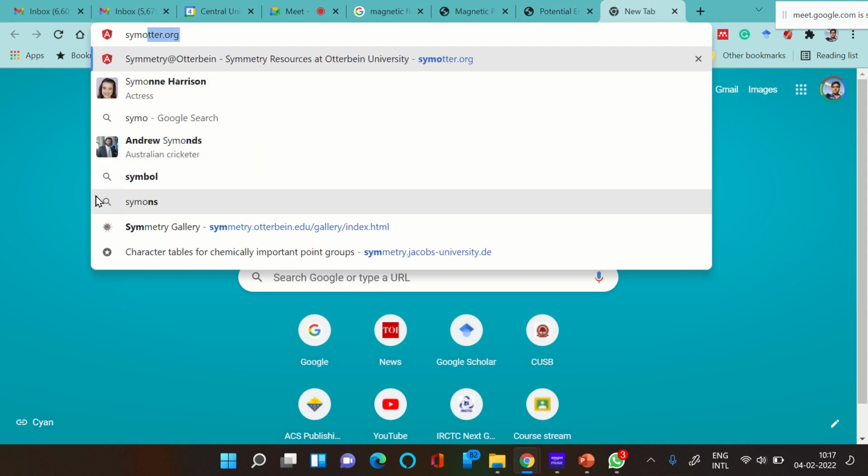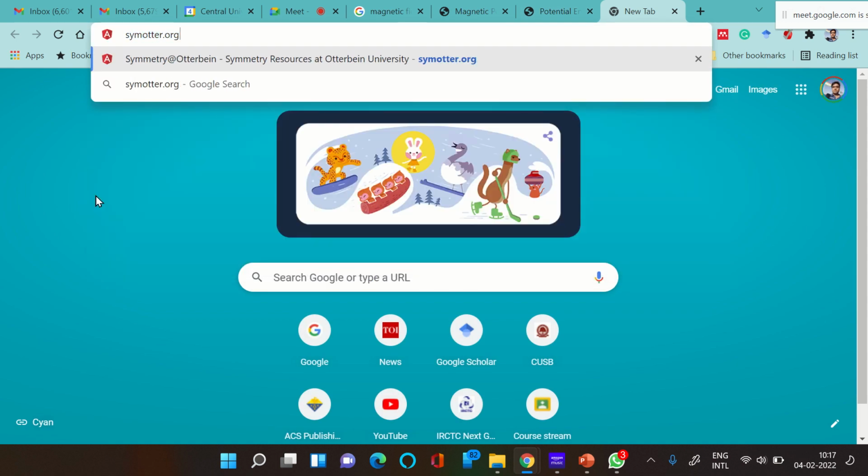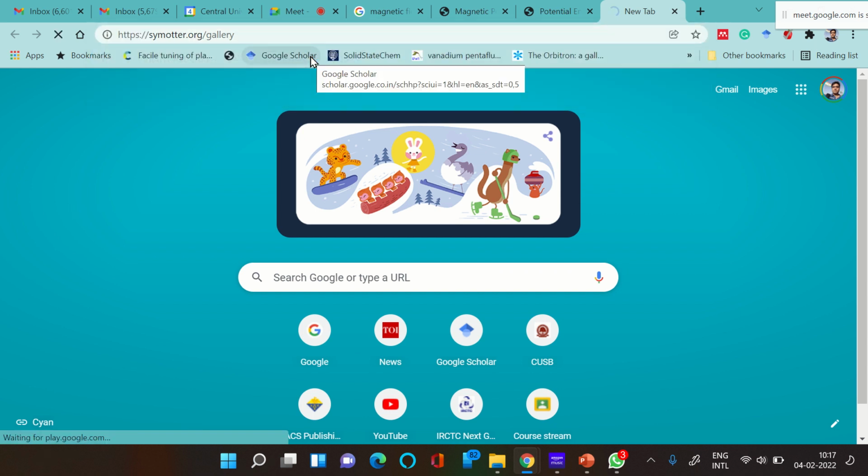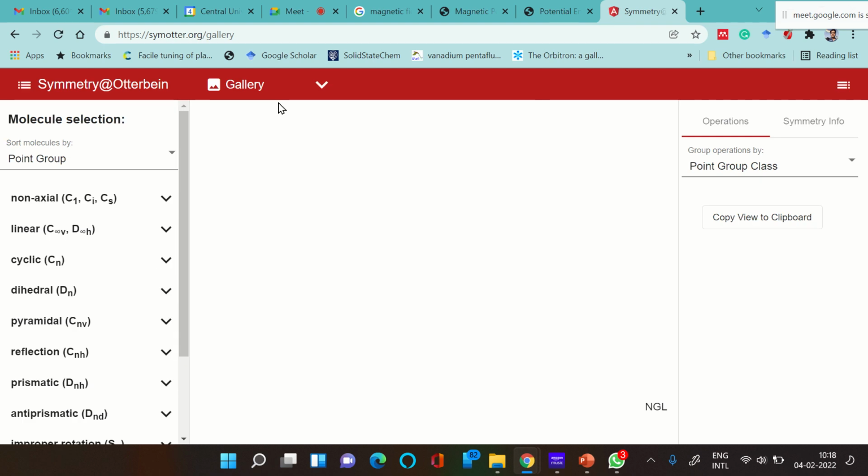Type symmetry.otterbein.edu/gallery. Okay, it will take you to the website. Identify by pointer.